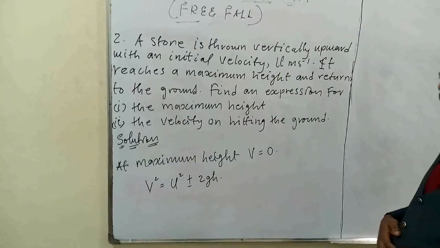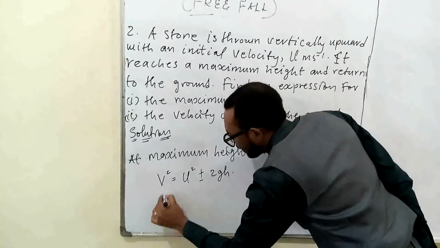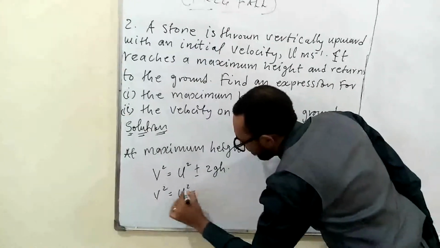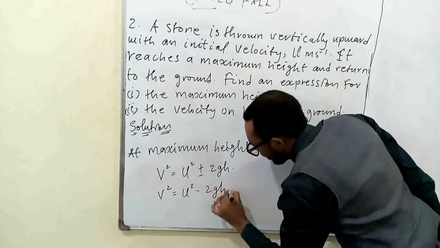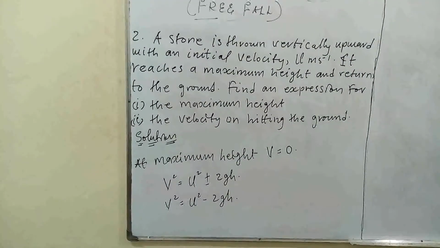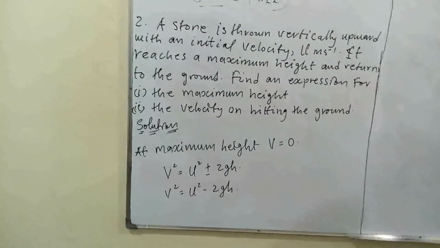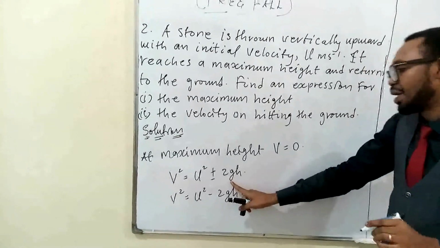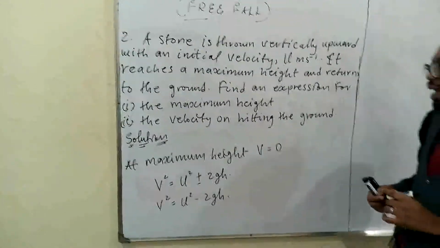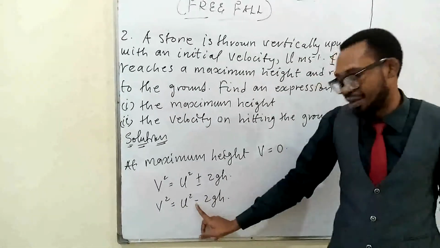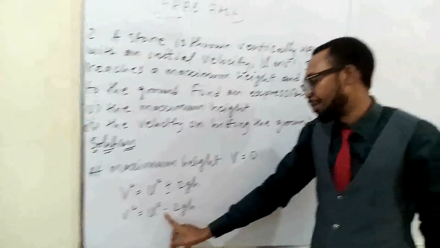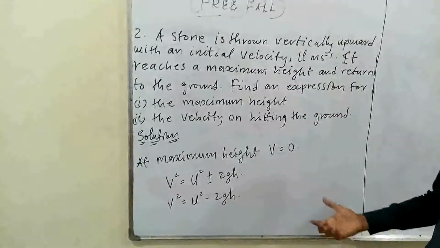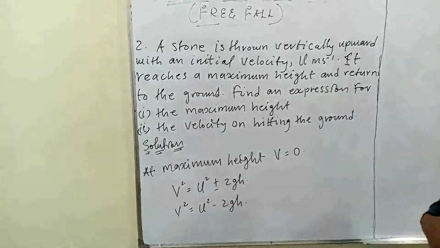Now you can see for yourself: v squared equals u squared minus 2gh. Since g is opposing the gravitational attraction on the Earth's surface, it is negative. But if it was coming down freely, then it is positive. I hope you got that.